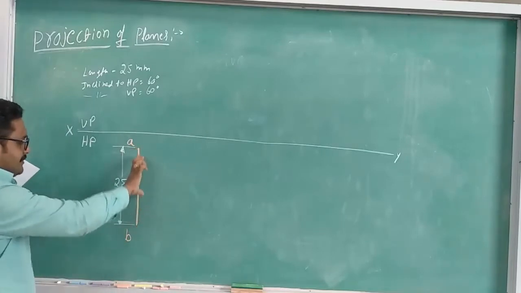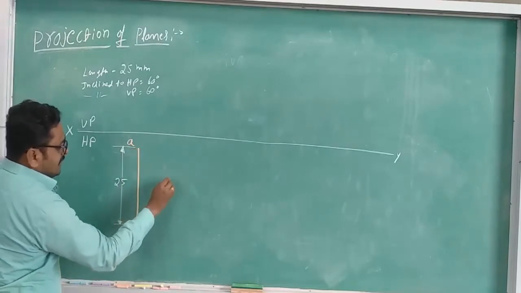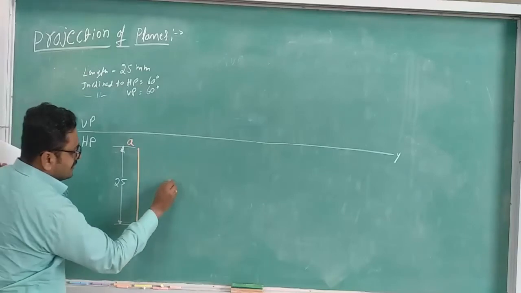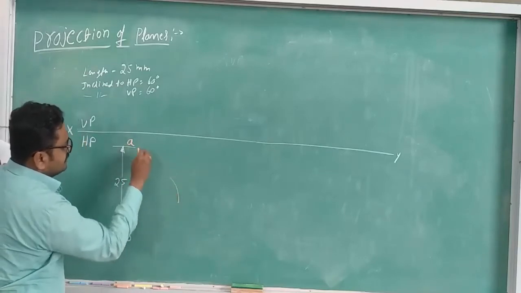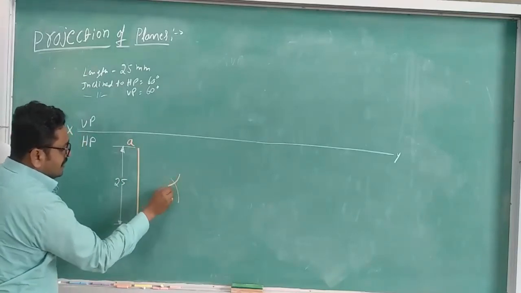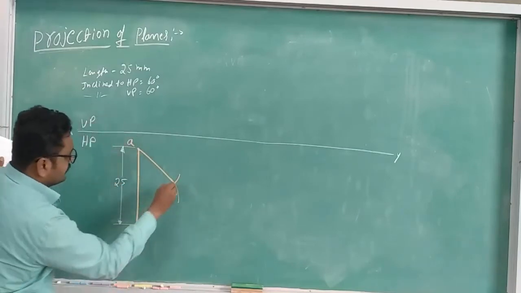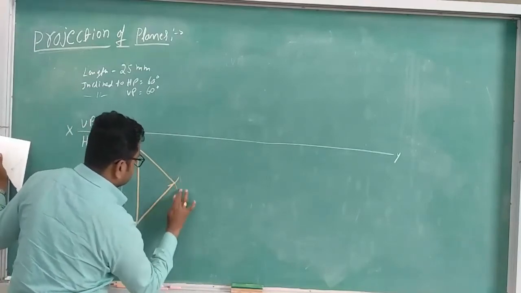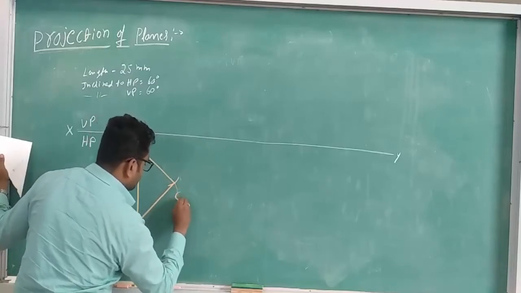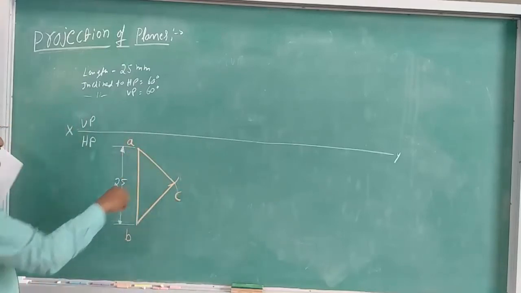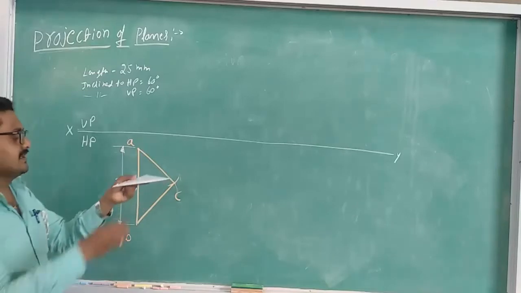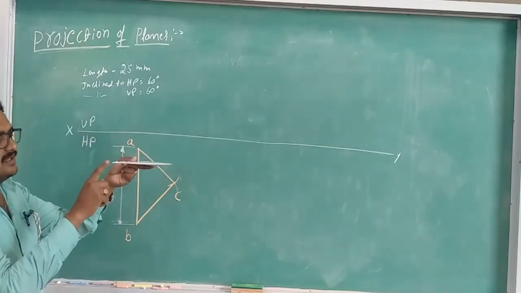Take 25 mm, put the center at B and draw an arc, and from A take the center and draw one more arc where it intersects. That will be C. Like this we draw the triangle, that means resting on HP on one of its sides.